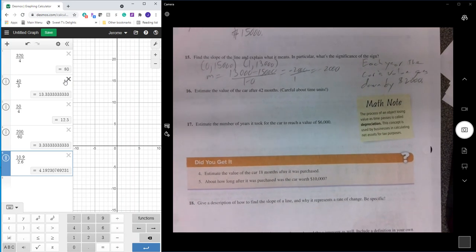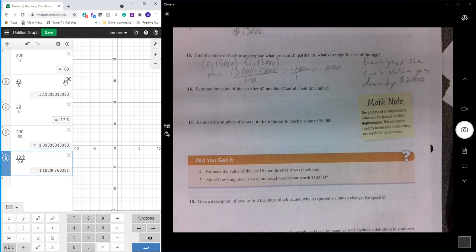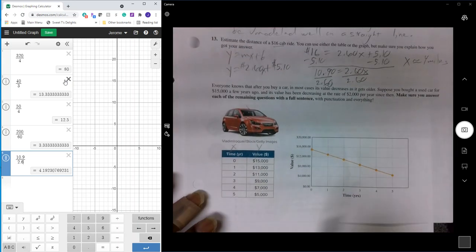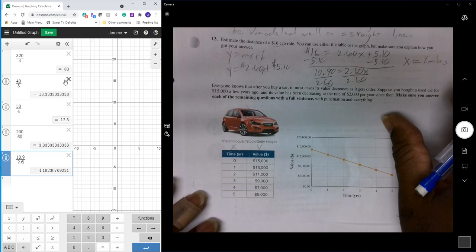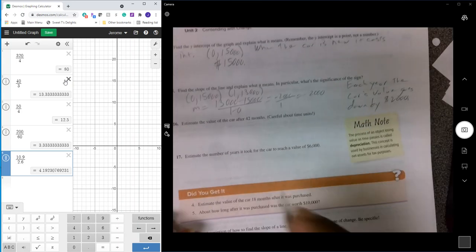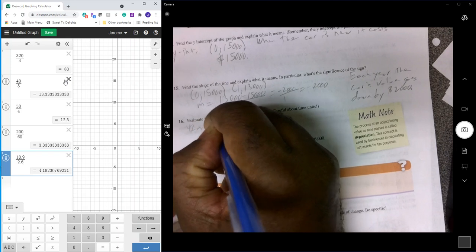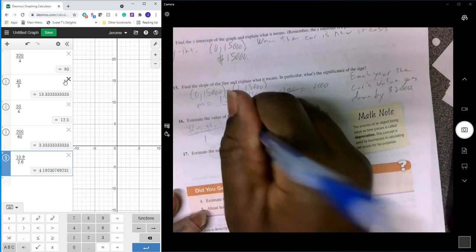Now, number 16 says estimate the value of the car after 42 months. First of all, if we look back here at our table, this is in years. So we first need to convert those months to years. So 42 months, and we could use some dimensional analysis.